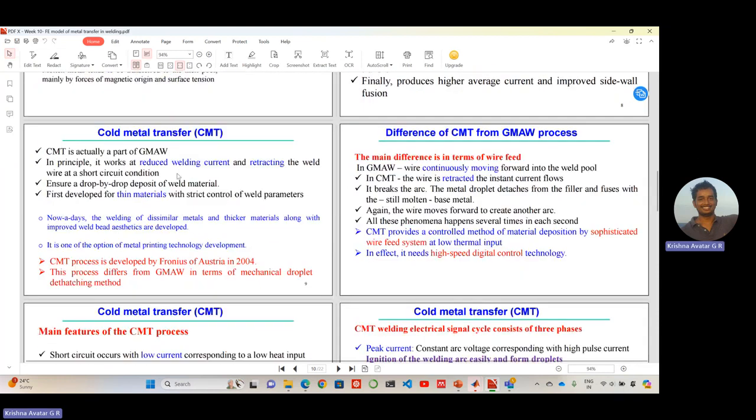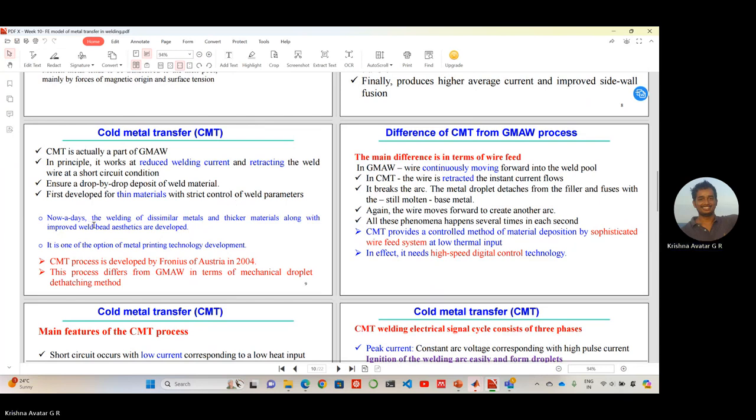And cold metal transfer is actually a part of GMAW. In principle, it works at reduced welding current and retracts the welding wire at a short circuit condition. It ensures a drop-by-drop deposit of weld material. It was first developed for thin materials with strict control of weld parameters.